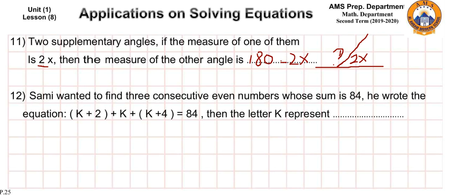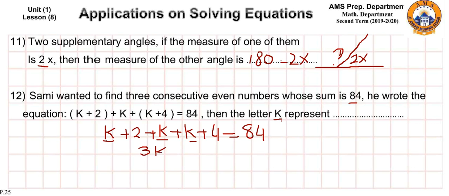Okay, exercise number 12, and this is Sammy who wanted to find 3 consecutive even numbers whose sum is 84. He wrote the equation. Then the letter k represents, simply here he asks you to find the value of letter k. So we have to solve the equation. We will write k plus 2 plus k plus k plus 4 equals 84. We will collect the like terms.